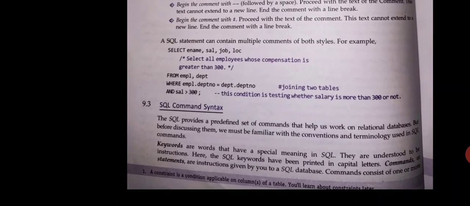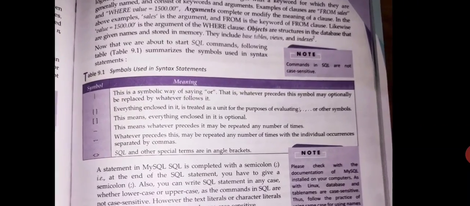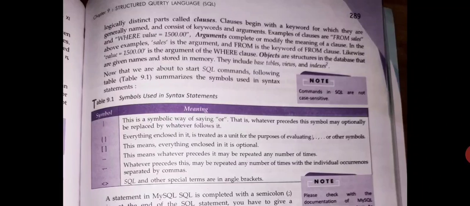Commands consist of one or more logically distinct parts called clauses. A clause begins with a keyword for which it is generally named and consists of keywords and arguments. Examples of clauses are FROM, which is a clause, and WHERE, which is a clause.